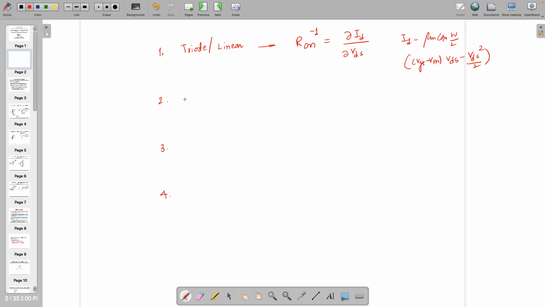Then next, when it's in saturation, you can find out GM, which is del ID by del VGS, and it follows the square law equation.